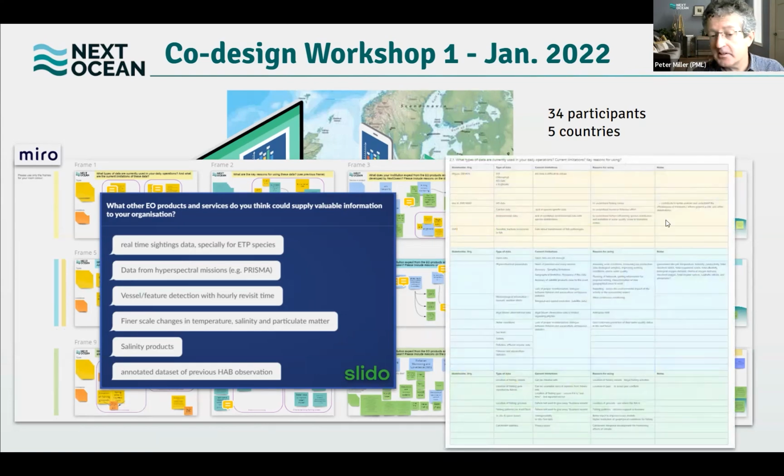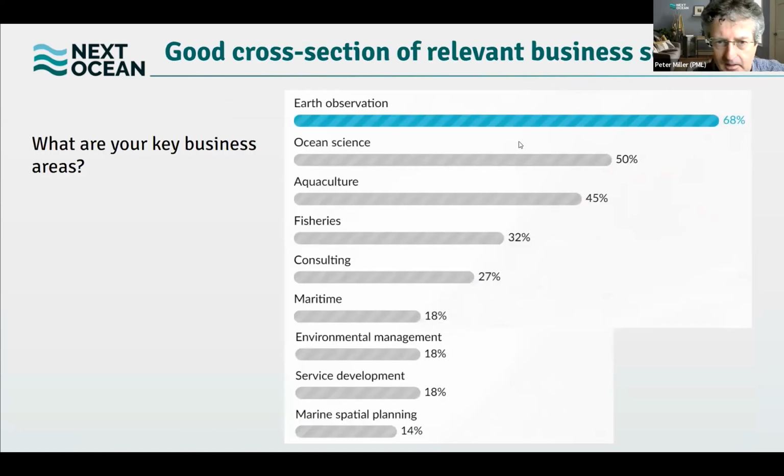Since then, we've been doing a quite detailed task of pulling out all of the interesting information and all of the priorities, trying to group things together. You might have seen on this board that there are rings around things to group together similar ideas so that we can pull together what the priorities were for people.